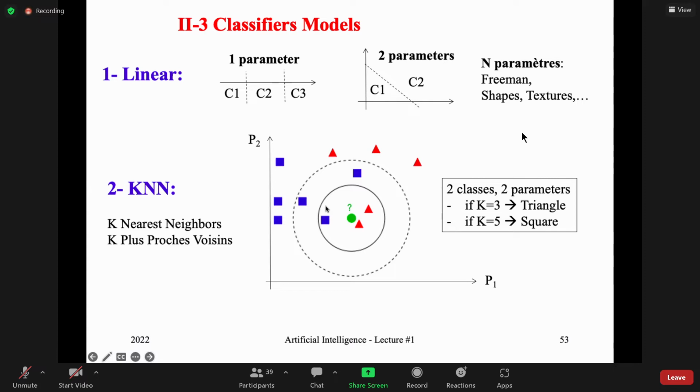Okay. Now another example, if I take the 5 nearest neighbors now, with k equals 5, we have 1, 2, 3, 4, 5 here, and here the majority, we have 3 squares and only 2 triangles, so the answer will be square.